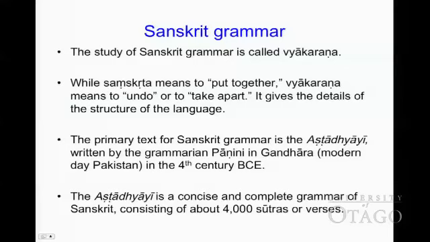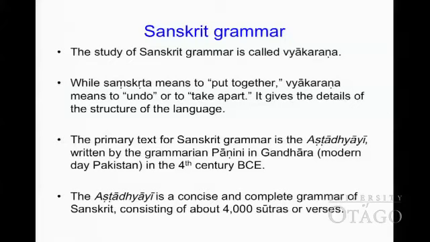Sanskrit grammar. The study of Sanskrit grammar is called Vyakarana. Samskrita means to put together. Vyakarana means to undo or to take apart. It gives the detail of the structure of the language.